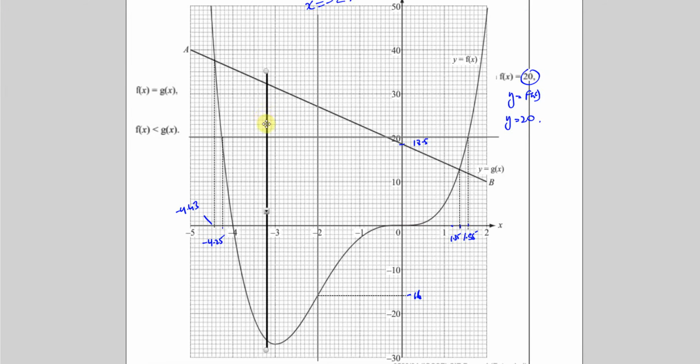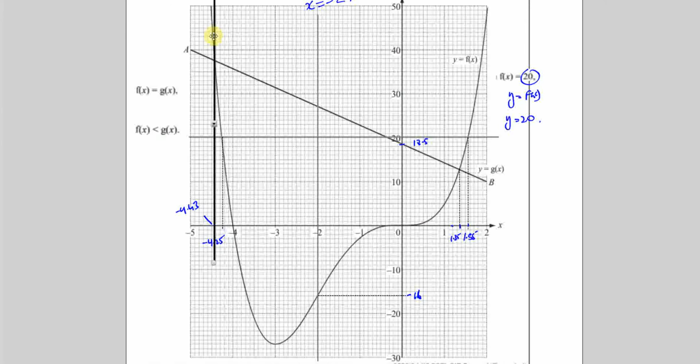And it continues to be less than g of x until we get to the other point that we found, which is minus 4.45 or 4.43, whatever we called it. And after that point, or less than that point, you can see that f of x is above g of x. So this inequality is true between these two values that we found earlier.